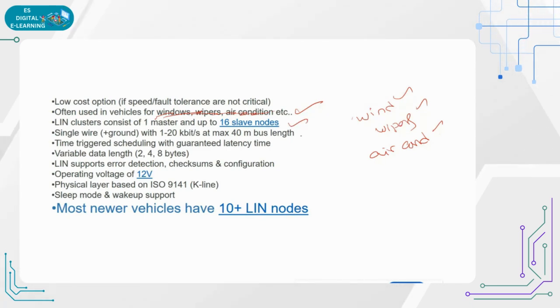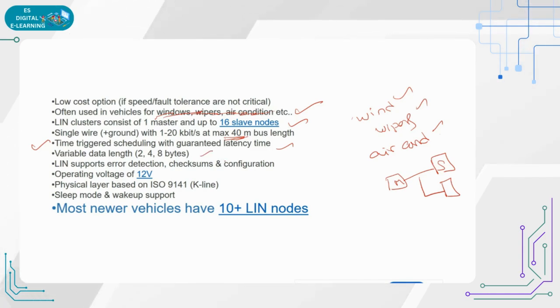It is one master and 16 slave communication, and we are able to operate up to 40 meters. Moreover, it is time-triggered scheduling. So once you send the message, the data will definitely go to the slave. It won't wait, it won't stop. That is the guaranteed latency, and we can transfer up to 8 bytes of data.